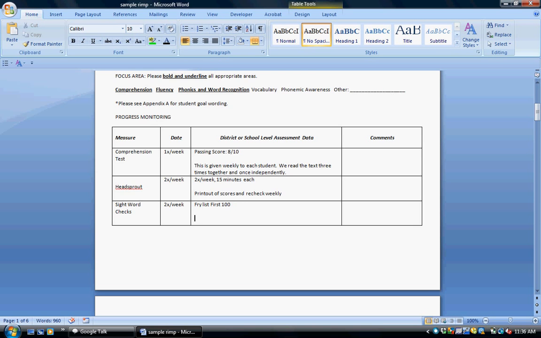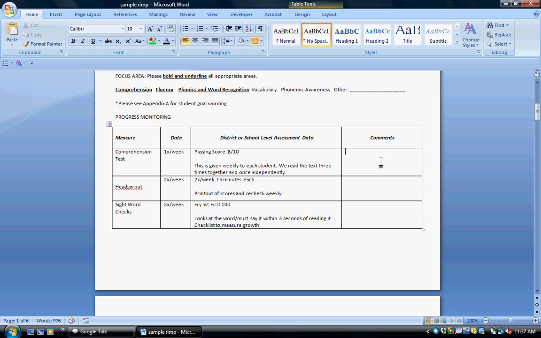And he goes through and he looks at the word and must say it within 3 seconds of reading it. Because it's a list, I will use a checklist to measure growth.